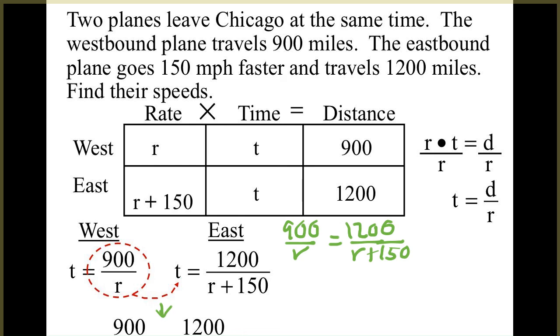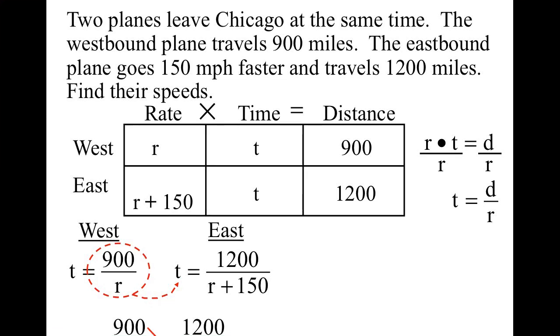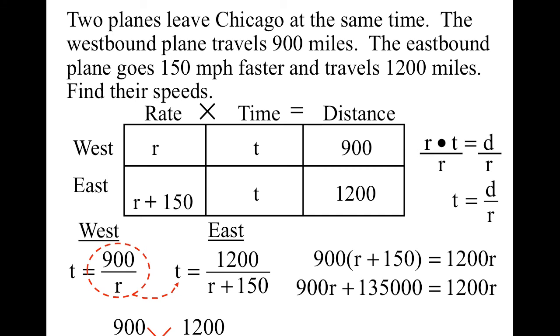So that's what you're missing right down here. All right, I'm going to continue it. Cross multiply. We end up with this. Simplify it. And we end up with the same thing, which is r equals 450.